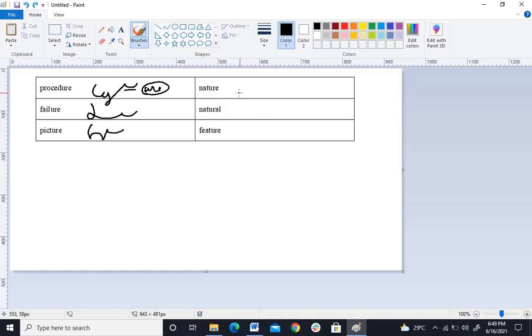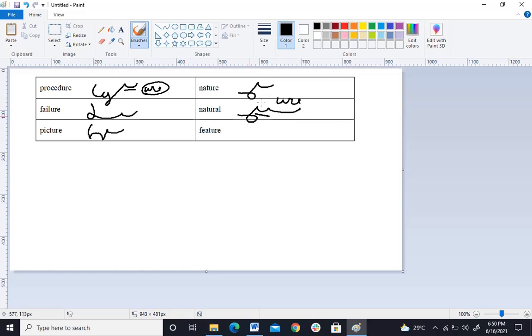Nature, masyadong mahaba. N-A-T-R, nature. Natural, N-A-T-R-L, natural. Ito yung R na yan, ang ating your.